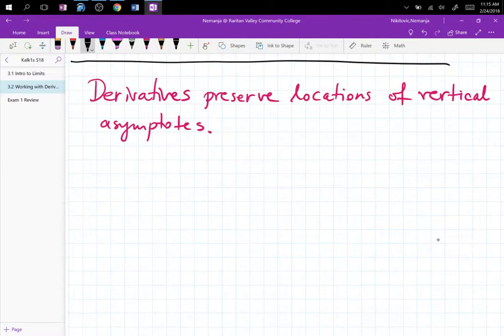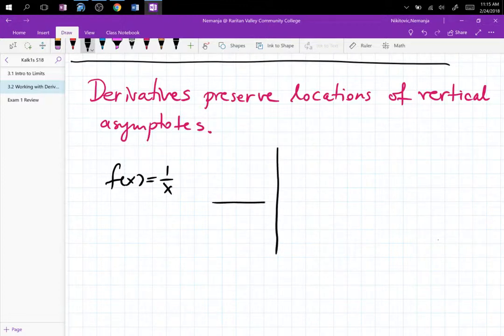The cheapest graph that we can consider in this case would be f of x equals 1 over x. It has the vertical asymptote at x equals 0, the y-axis, right? So f of x equals 1 over x. And you draw the function. Now you draw it because you memorized this one. You better know it.